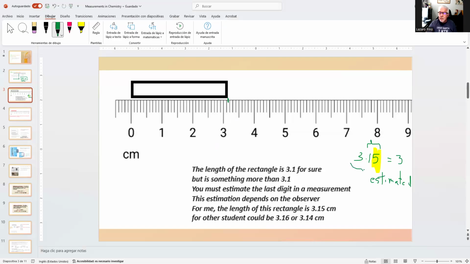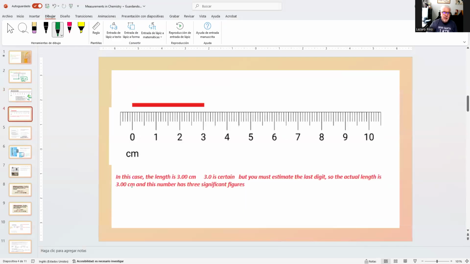Remember, this part of the measurement is certain, and the last digit is always estimated by the person that is doing the measurement. That's why if another student makes the measurement, maybe they'll report 3.14, because this digit is estimated. Let's see this example.